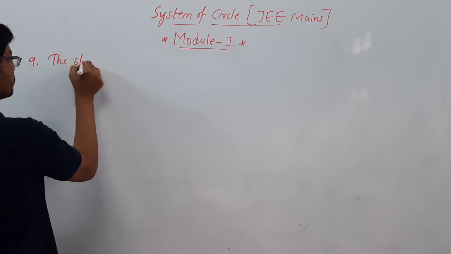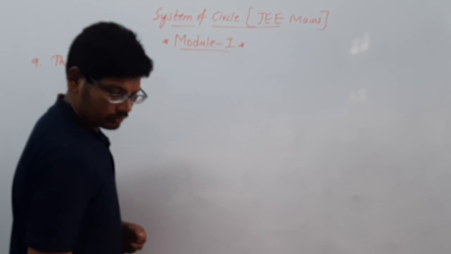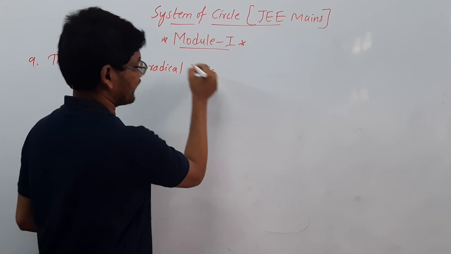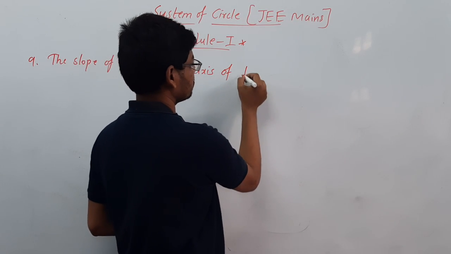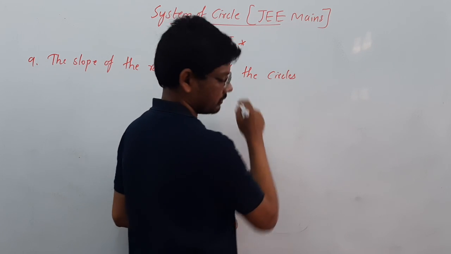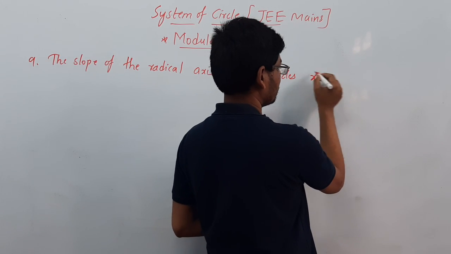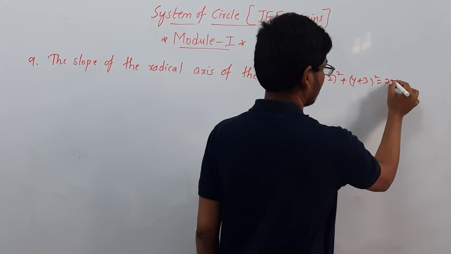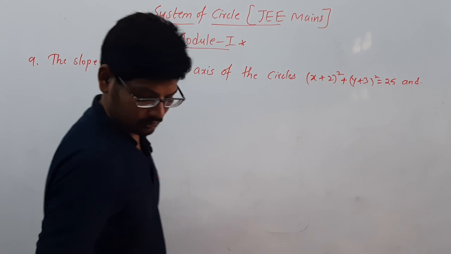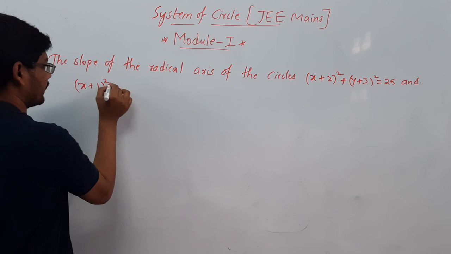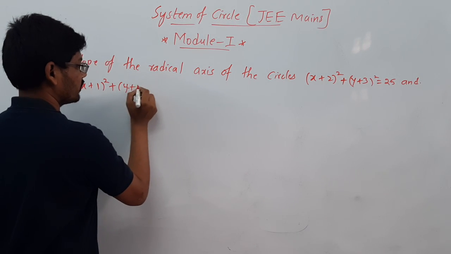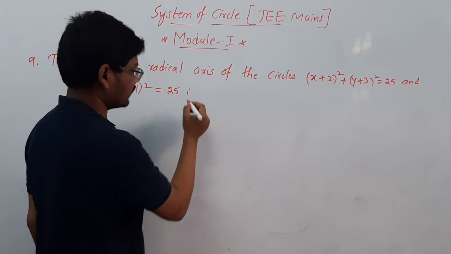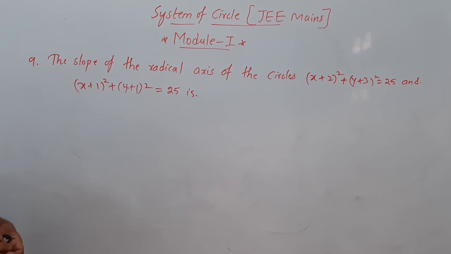The slope of the radical axis of the circles (x plus 2) whole square plus (y plus 3) whole square is equal to 25, and (x plus 1) whole square plus (y plus 1) whole square is equal to 25. First understand question number 9.